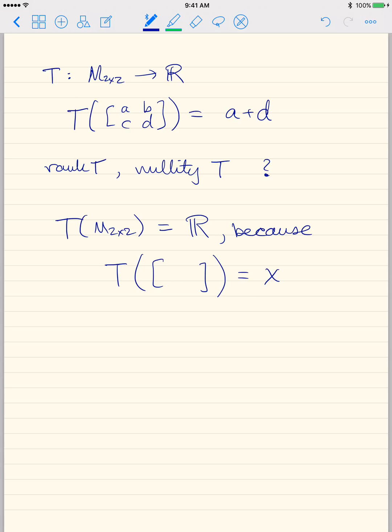Give me 4 numbers where if you add those 2 diagonal ones, you get x. Yeah, that's fine. Right? So definitely, no matter what real number x you're thinking of, I can give you a matrix that has a trace which is equal to x. So now that we know that the range of T is the whole real number line, what is the rank of T?